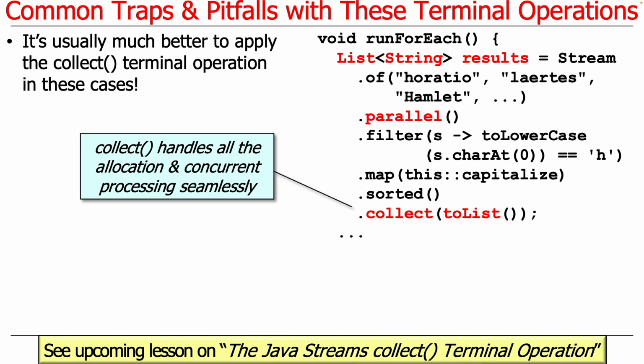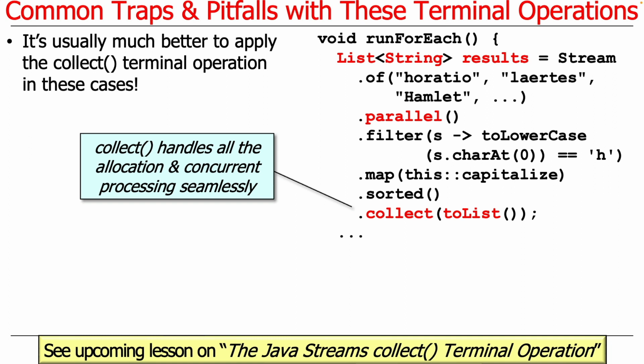You are almost certainly much better off, if you find yourself with something like this and need to use a parallel stream, to simply replace the use of forEach or forEachOrdered with collect toList, as we see here. That will allow the allocation to be done automatically. You don't have to remember to initialize the results variable. The concurrent processing is all handled seamlessly.